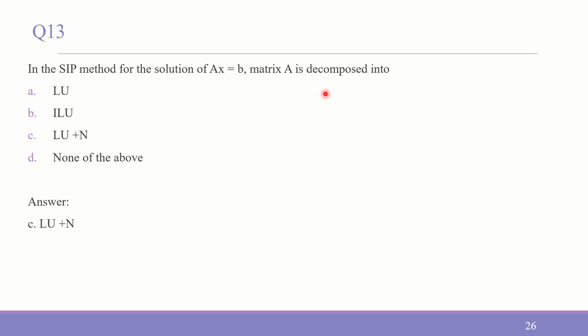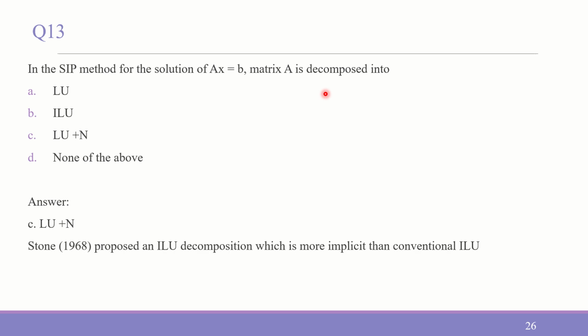Stone's implicit procedure is wherein we split the matrix A into LU plus N. So here it is given in 1968. Stone in 1968 proposed an ILU decomposition which is more implicit than the conventional LU.